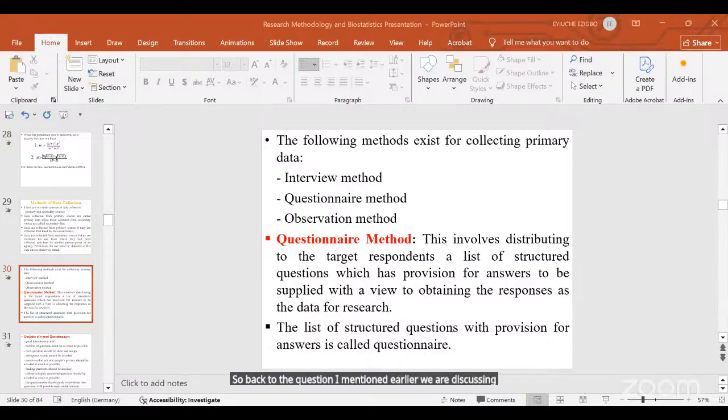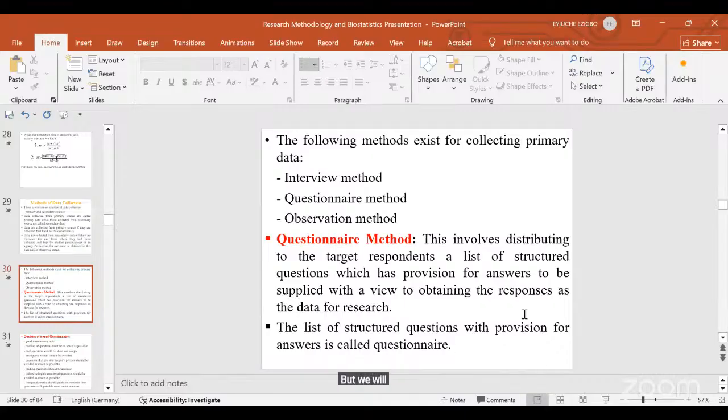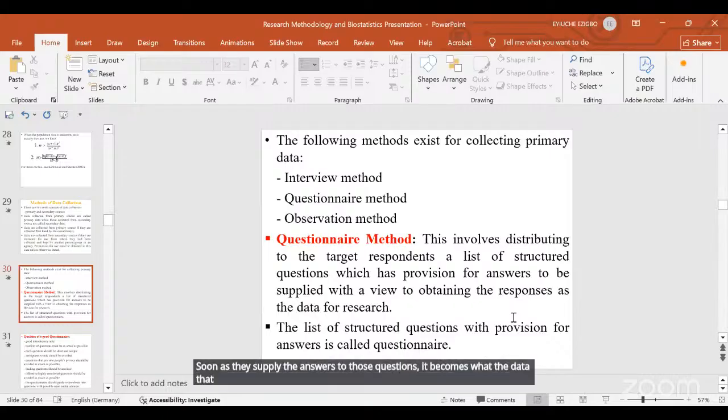In the questionnaire method, all of us know what a questionnaire is. We have a structured set of questions that we distribute to our participants, so that as they supply the answers to those questions, it becomes the data that we are going to use for our study.